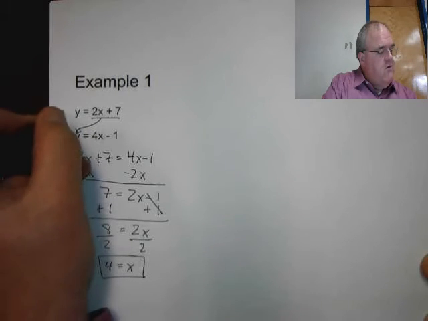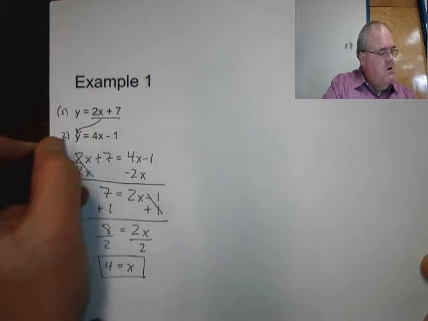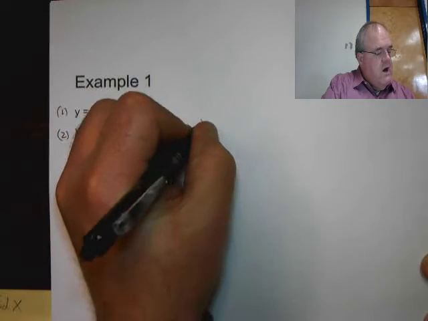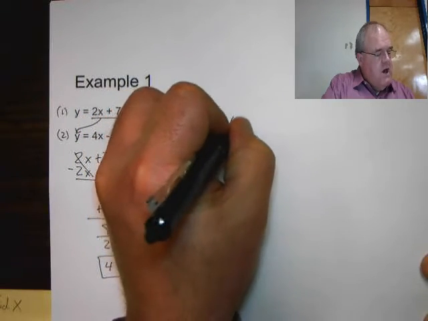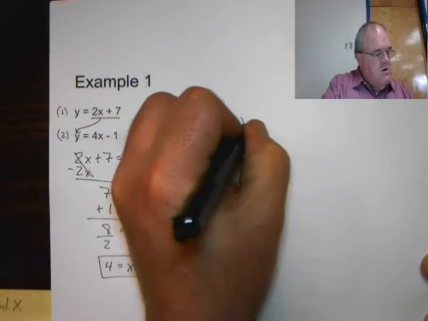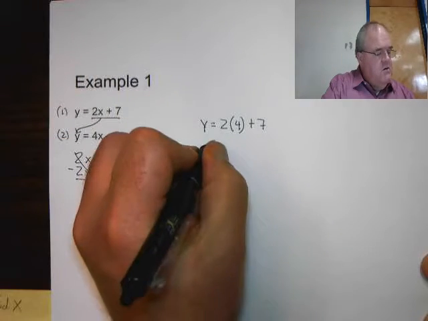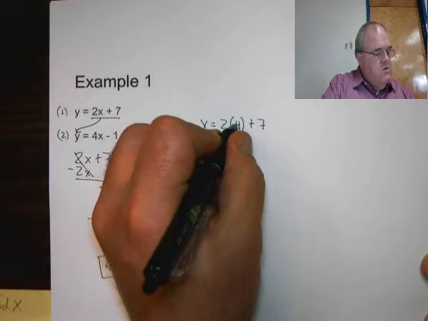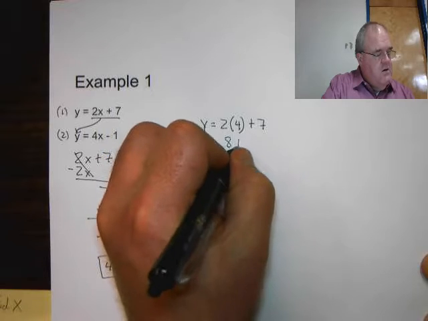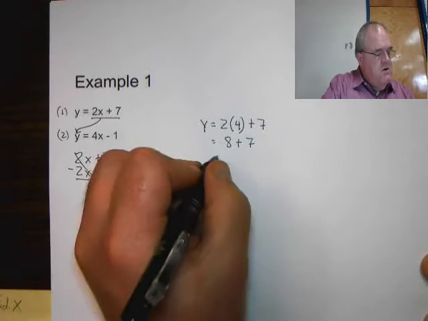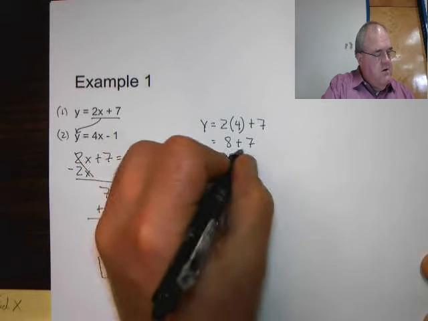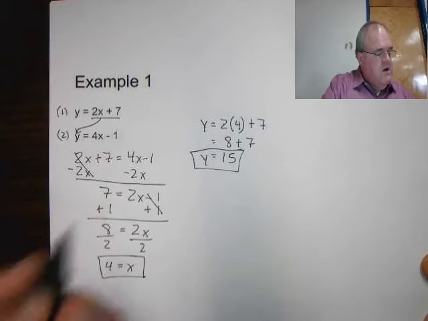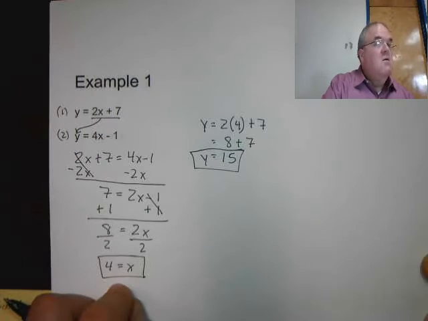So I'm going to use my first equation here, and I'm going to say that y equals 2 times 4 plus 7. 2 times 4 is 8 plus 7. 8 plus 7 is 15. So y equals 15.